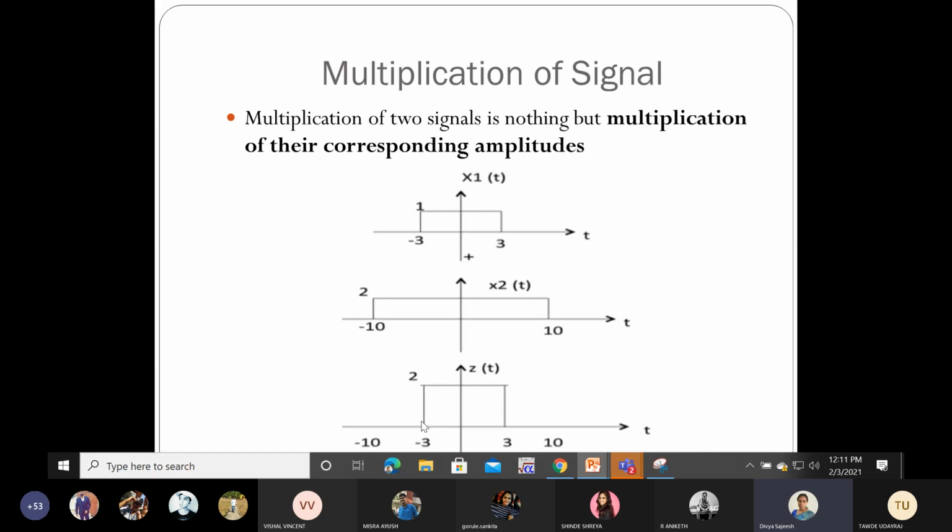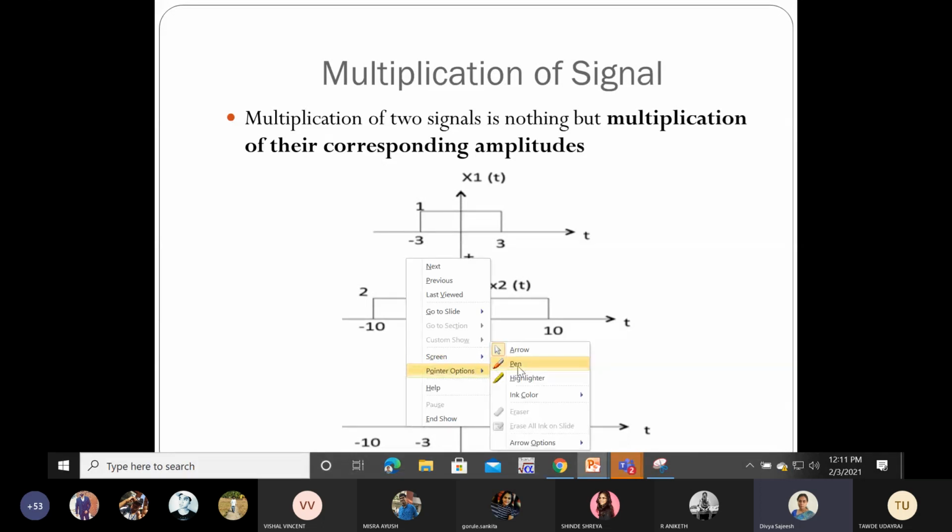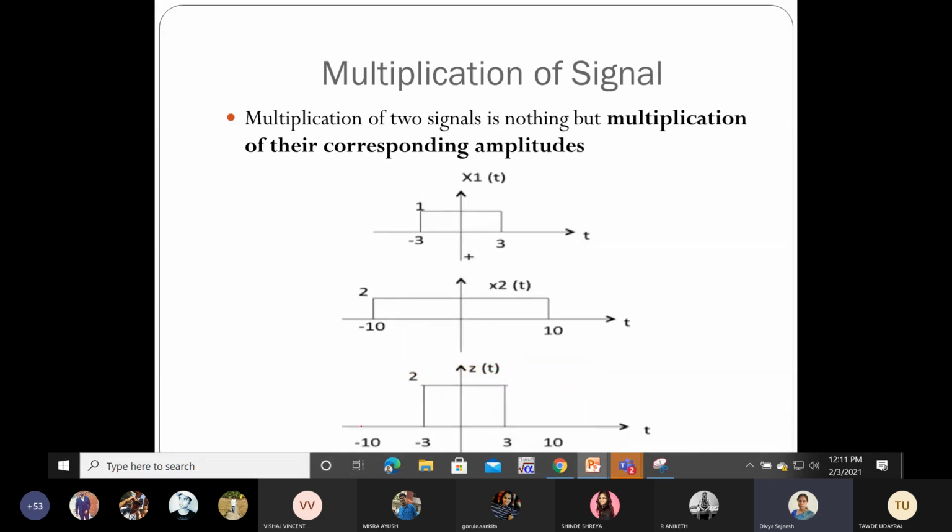So your final product signal will not have any amplitude in the interval minus 10 to minus 3 because 2 into 0 will be 0. So no signals will be existing in this interval.